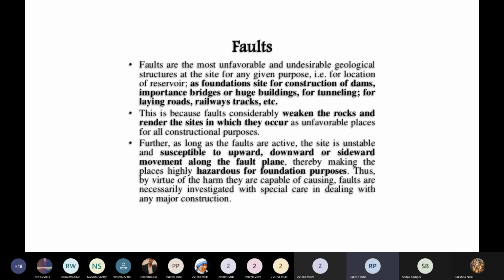If only cracks are there, then it is called joints. But along with the cracks, if there is displacement, meaning moving of the blocks with respect to the fractures, then it is called faults.